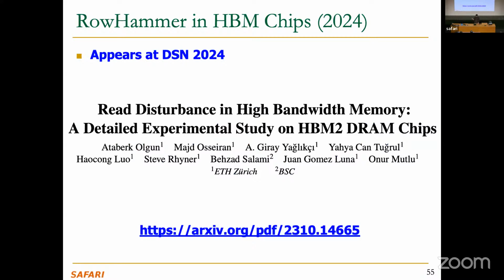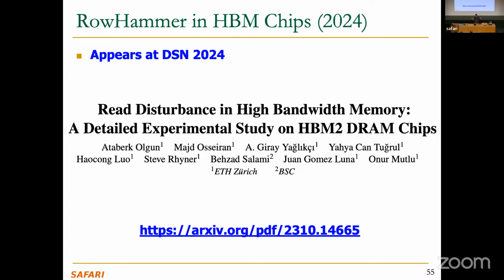We also have a recent work that will appear in DSN 2024 where we look at RowHammer, or read disturbance more generally, in HBM2 chips. And we have an arXiv version. If you're interested, you can take a look. It also has some more interesting detailed analysis on the spatial distribution of the RowHammer vulnerability.